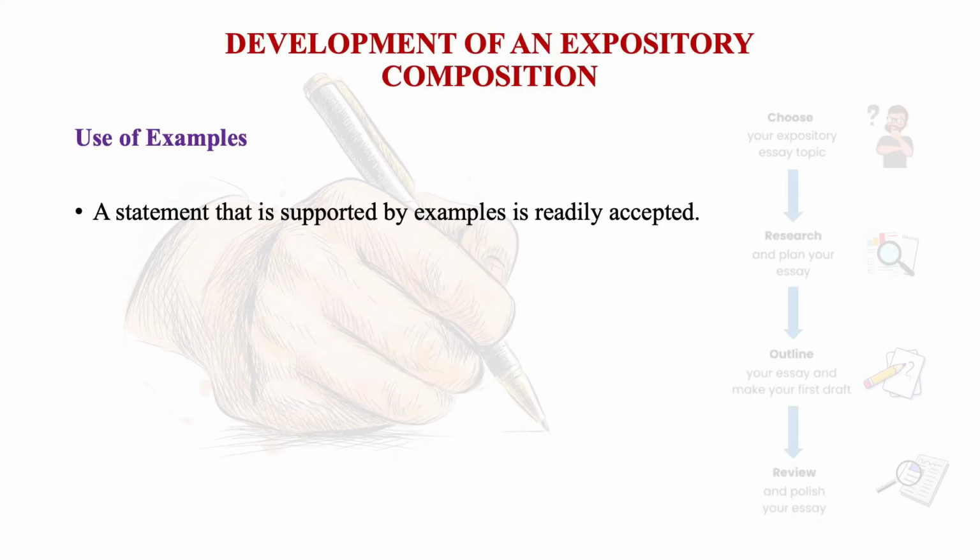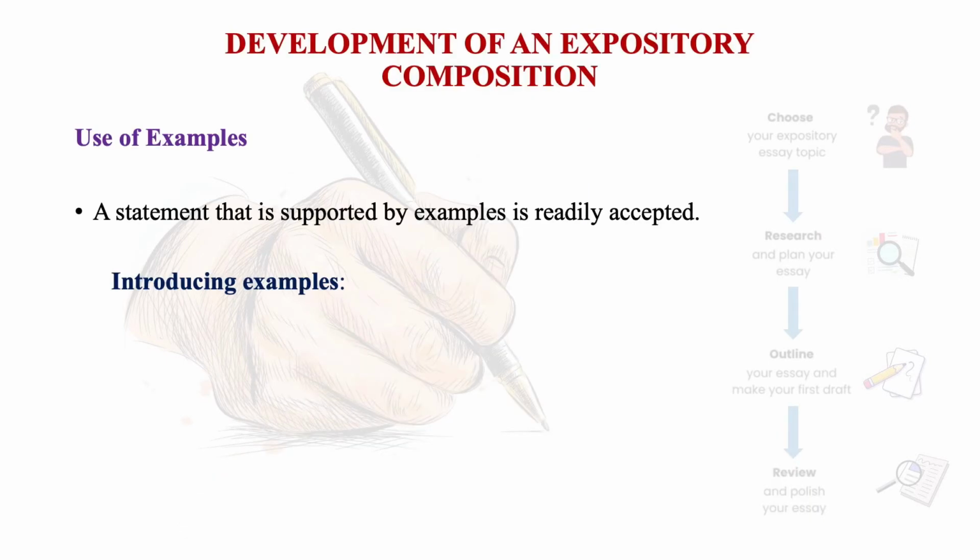Now what do we understand by the use of examples? It refers to a statement that is supported by examples, and is easily accepted. That we have to keep in mind. Now, how do you make use of examples? By introducing certain expressions.